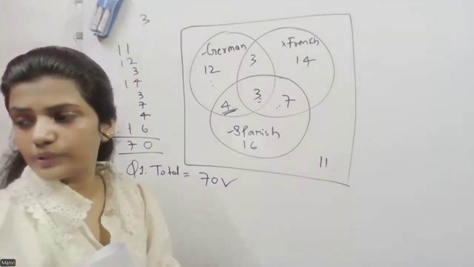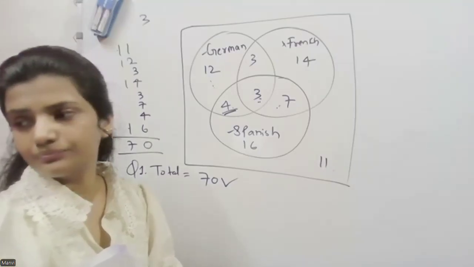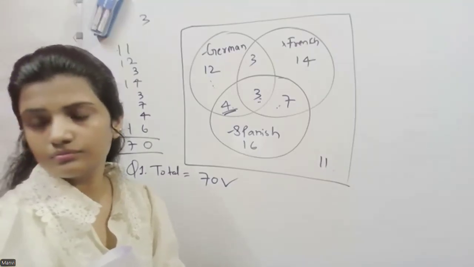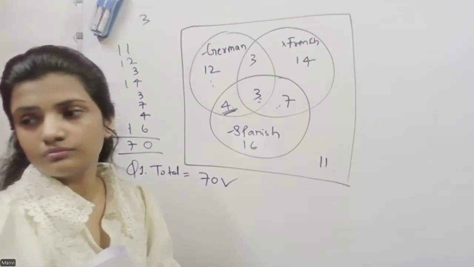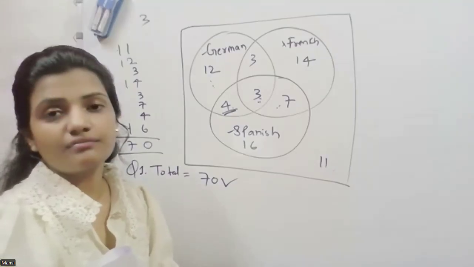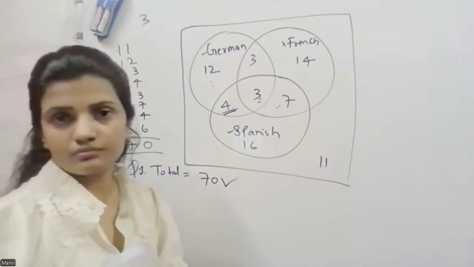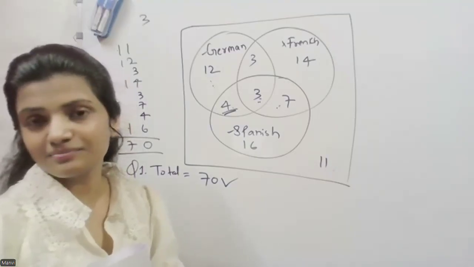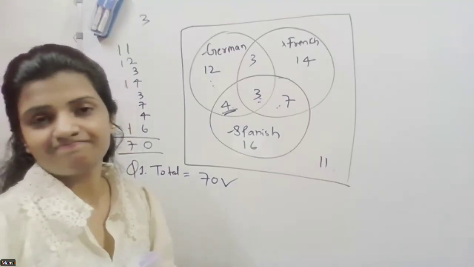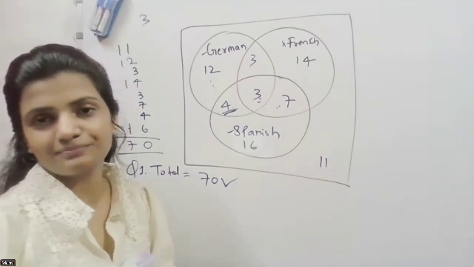What fraction of the students study only French? Only French. 14. Fraction. What fraction of students who speak only French? 14 by 70. But not correct actually.